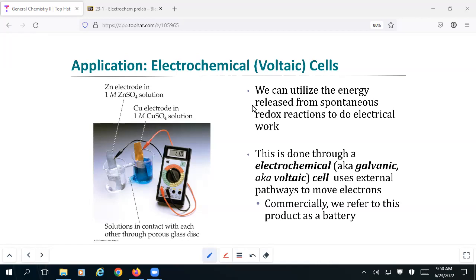When it comes to electrochemical cells, there's a lot of different names. You can hear it referred to as a galvanic cell, or a voltaic cell. We tend to think of these mostly as batteries. This is basically what a battery is.